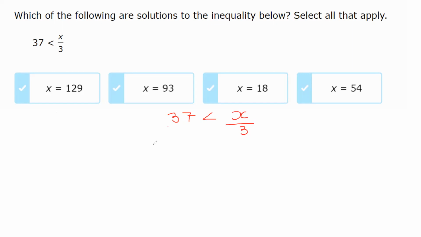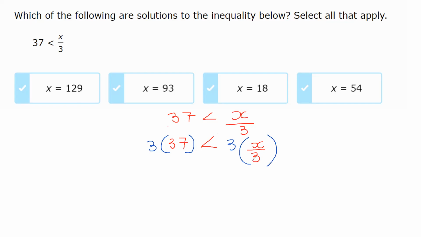So we have that 3 multiplied by 37 is going to be less than or equal to 3 multiplied by x over 3.